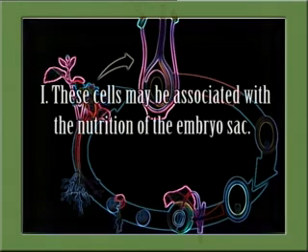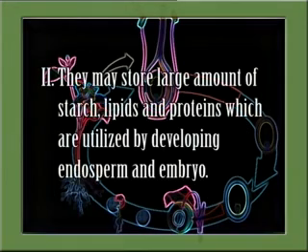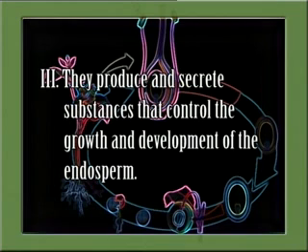Number one, these cells may be associated with the nutrition of the embryo sac. Number two, they may store large amount of starch, lipids, and proteins which are utilized by developing endosperm and embryo. Number three, they produce and secrete substances that control the growth and development of the endosperm.